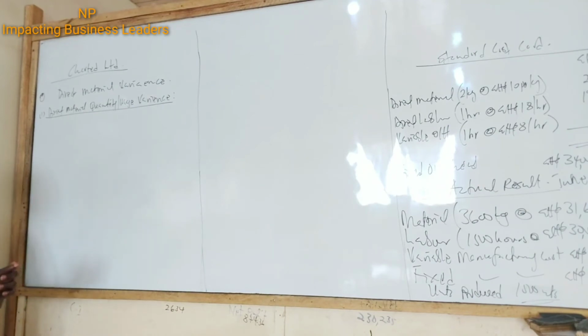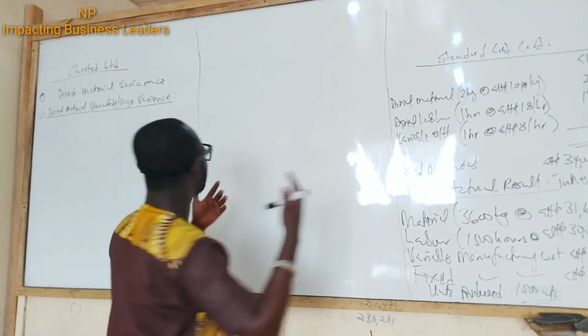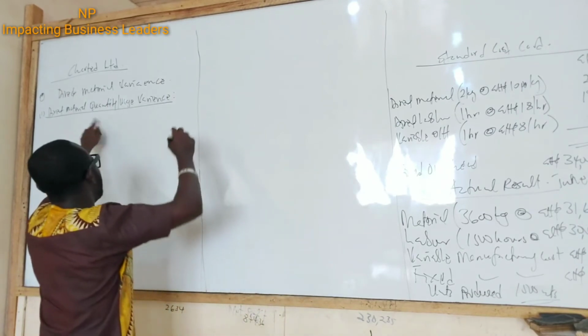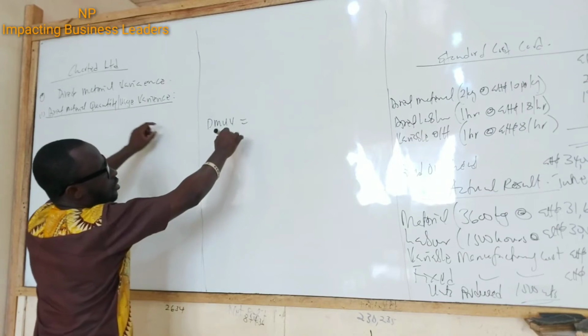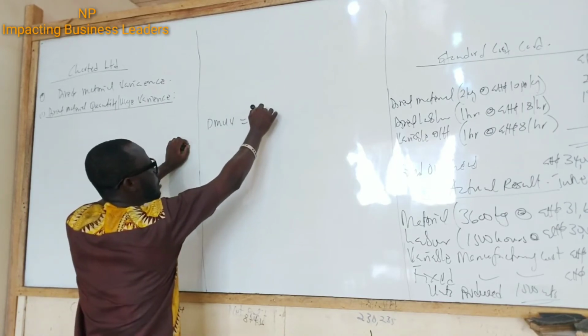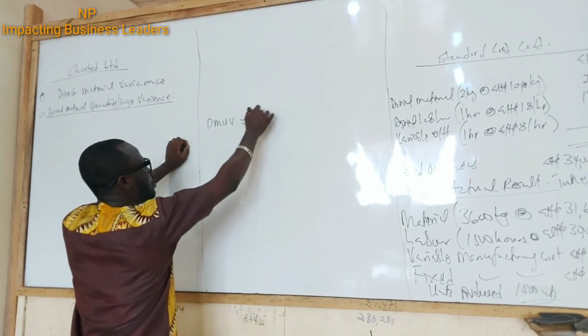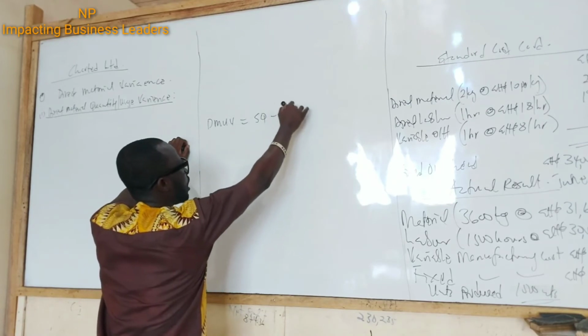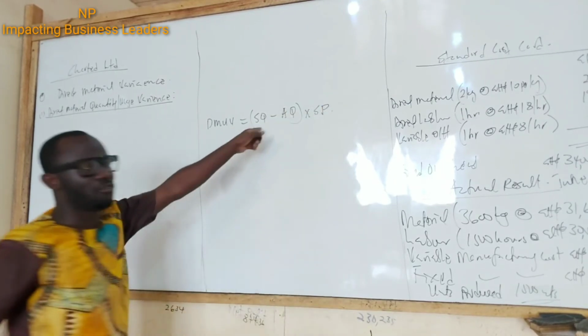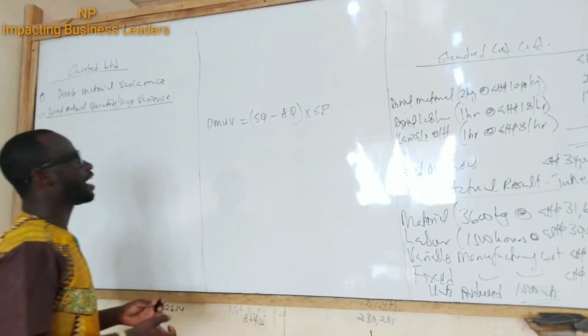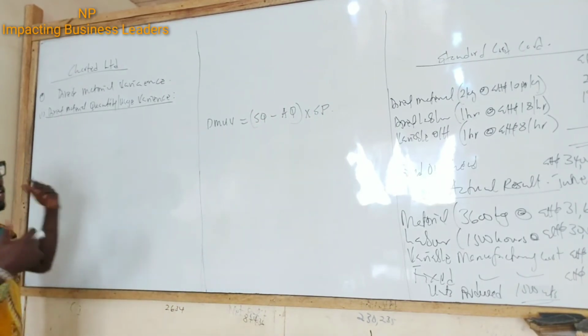This is how we go about it, and I want you to pay close attention. Assuming we were using the formula, the direct material usage variance would be the standard quantity minus actual quantity times the standard price. But as I said, I don't do formula, I do the concept.